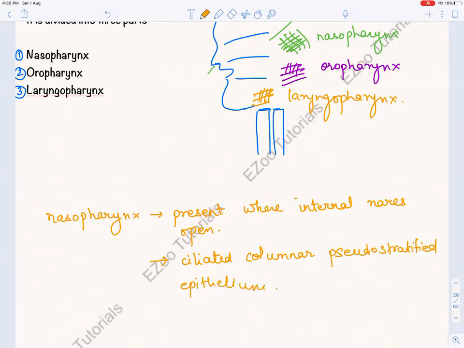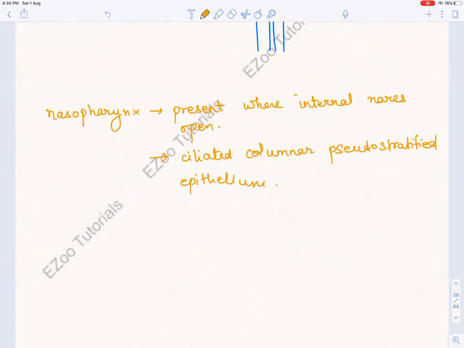And then let us do oropharynx. Where is oropharynx present? Where the buccal cavity opens. One more thing about nasopharynx, it helps only in respiration.